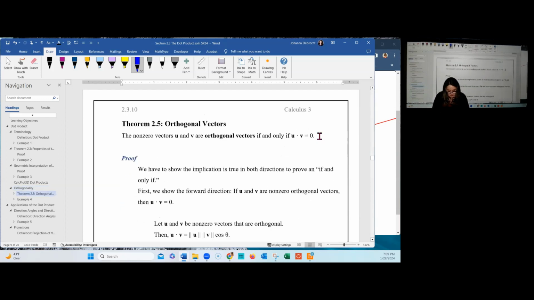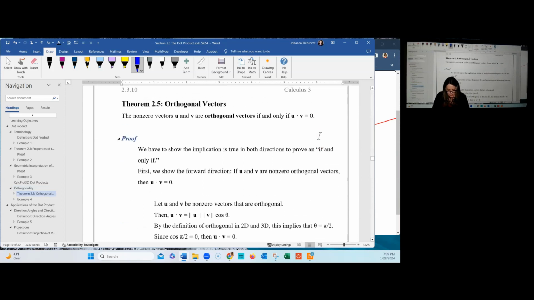Let's now take a look at the next theorem, which applies to orthogonal vectors. Now, this is an if and only if statement. If and only ifs work in two directions. So it says the non-zero vectors u and v are orthogonal to each other if and only if their dot product is 0.